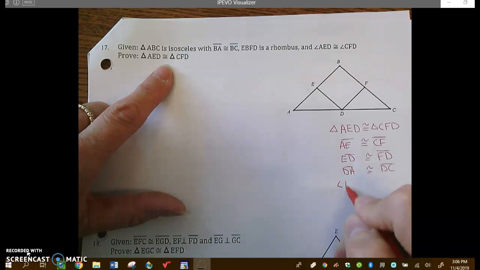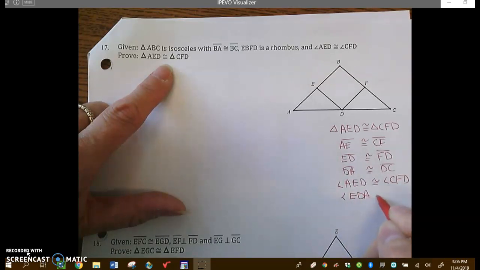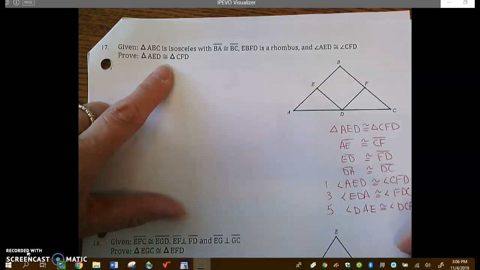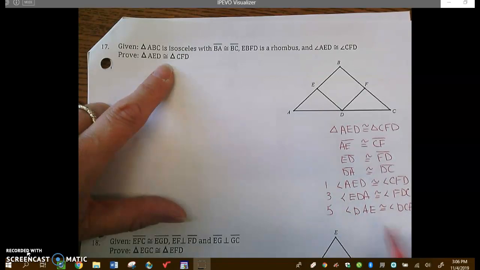Now I'm going to do my 3 angles. So I'm doing first, second, third angle. Notice angle symbol, not triangle. Then I'm doing second, third, first. And then I'm going to do third, first, second. All right, in this triangle, it's going to be all my odd angles, and the other one is going to be my even.